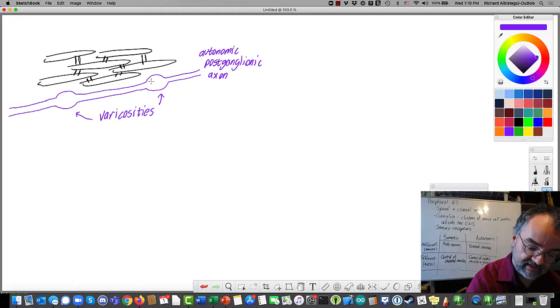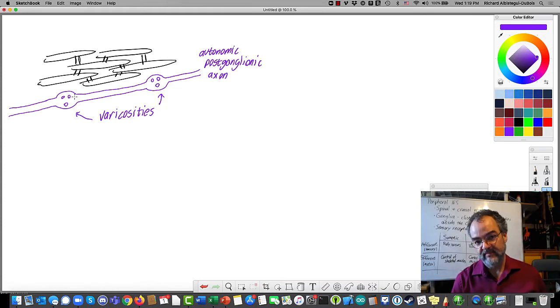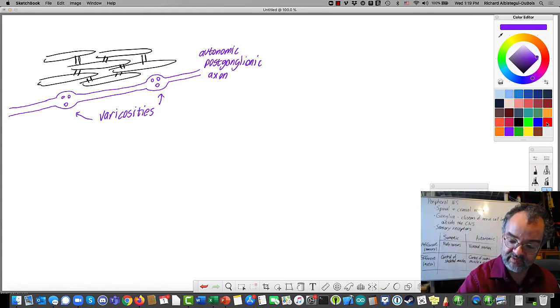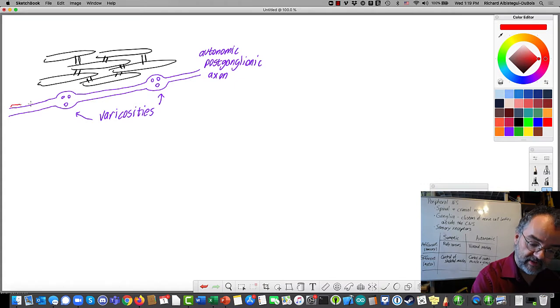These varicosities have synaptic vesicles with neurotransmitter in them, so that when an action potential propagates along this axon, when it gets to the varicosity, it will cause those vesicles to release their neurotransmitter.